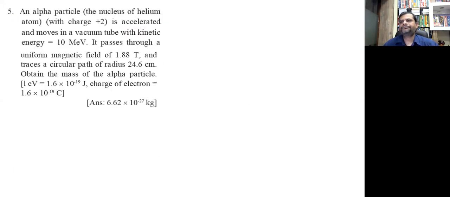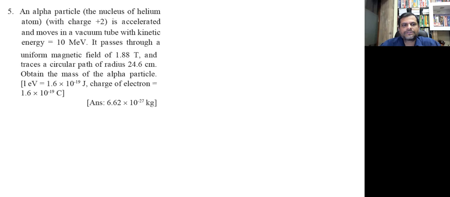Yes, see, it says an alpha particle, that is the nucleus of helium atom with the charge +2, is accelerated and moved in the vacuum tube with a kinetic energy of 10 megaelectron volts.